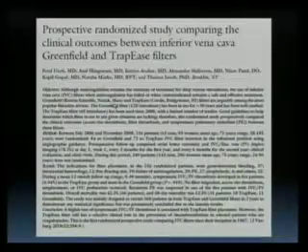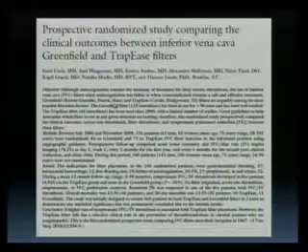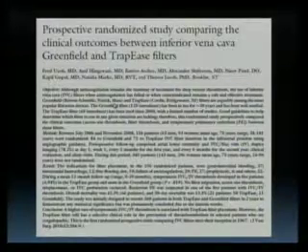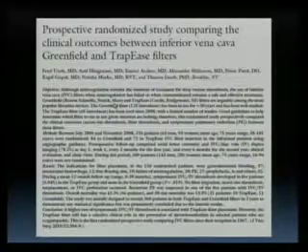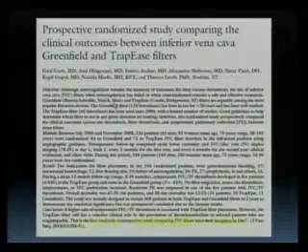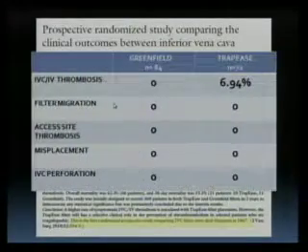Are the filters equal? There is only one randomized clinical trial that addressed that issue, but unfortunately, it only compared to the Greenfield. You can call it the standard, the basis of other filters for comparison. When the Trapease was compared with the Greenfield filter in a randomized clinical study, these are the results.